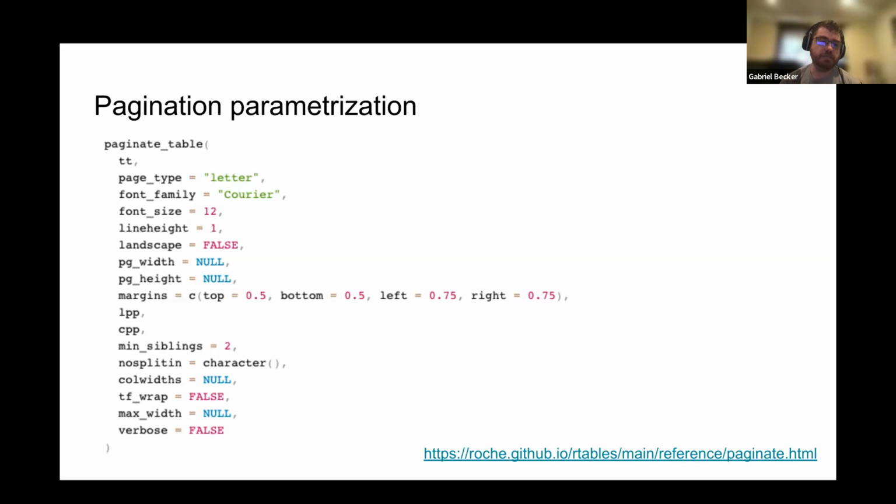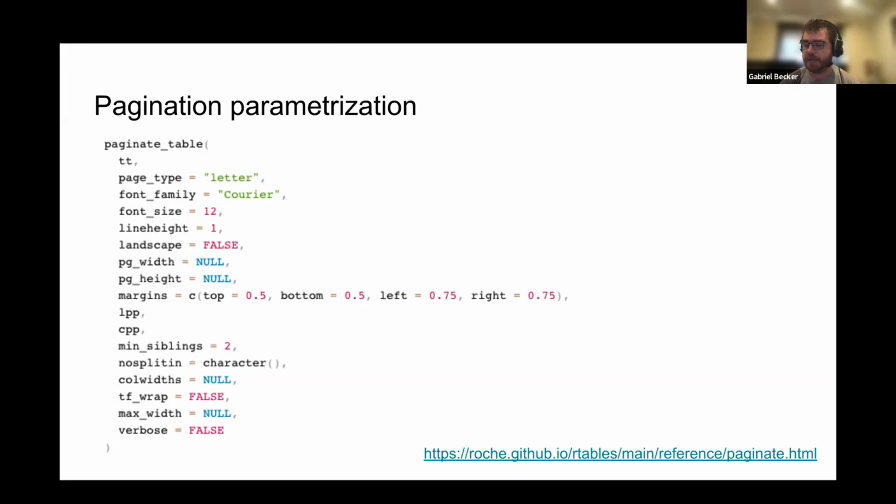Whether or not you're landscape, you can also not specify page type and manually specify page width and page height in inches. You can specify the margins, and then LPP is lines per page and CPP is columns per page, so that even overrides the physical dimensions. And then you have things like how many siblings there need to be on both sides of a pagination break before it's considered valid.